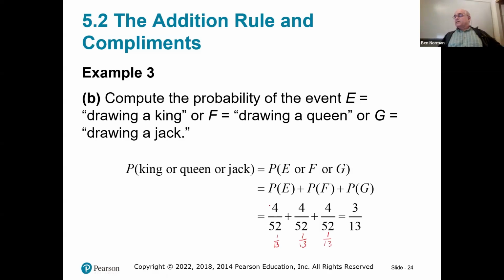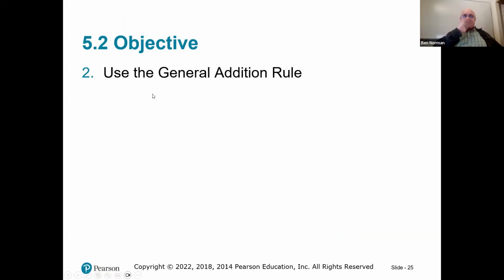Likewise, all of these reduce to 1/13, so when we add these together, we still get 3/13. Doesn't matter how you cut it, 3/13. That addition rule applies when you have disjointed events. But what happens when you don't have disjointed events? That's where the general addition rule comes in.